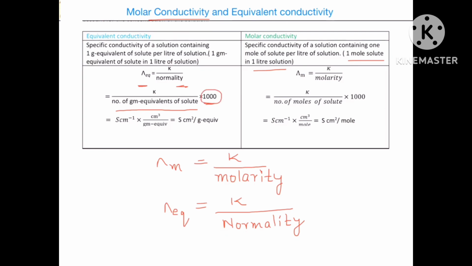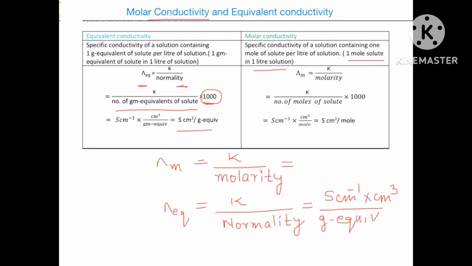So converting the liters to centimeter cube helps us to define the units as well. Kappa we know is Siemens per centimeter. Normality is gram equivalent per liter or per 1000 centimeter cube of the solution, right? And that gives us the unit as Siemens centimeter square per gram equivalent.